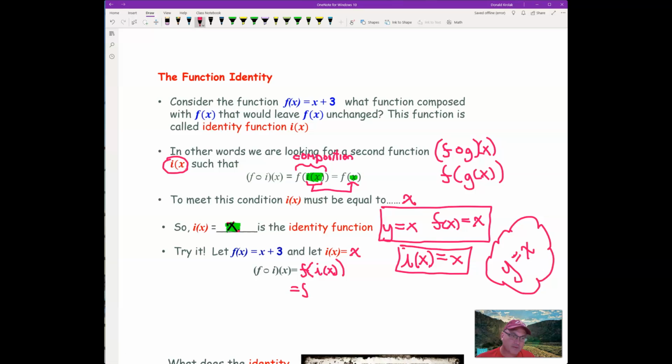Because I of x is the same thing as just a plain x, I can take this out, and in its place, I can just write an x, because these two quantities are the same. Well then, what's f of x equal to? x plus 3.